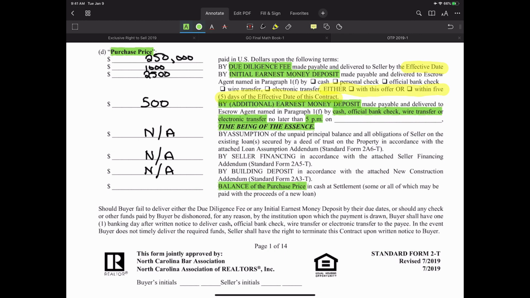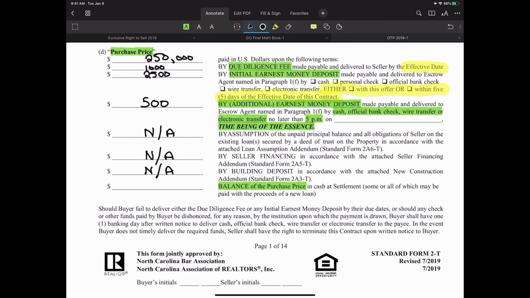I just need to bring the difference. So, Chris, you're the math whiz. What are we at there? Looks like we have about $4,000 in credits. So if the offer price was $250,000, we would subtract $4,000, which would be the $1,000 plus the $2,500 plus the $500, and it would be $246,000 as the balance of the purchase price.